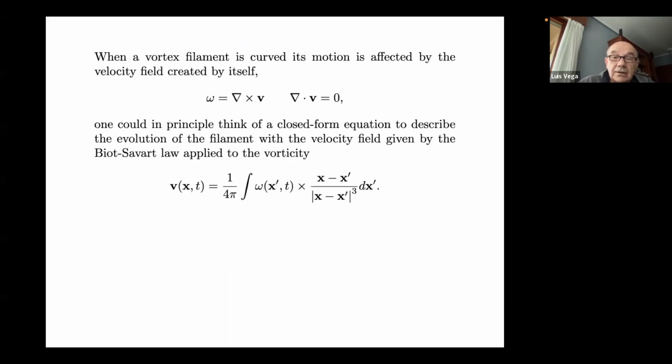And now I have to introduce the velocity, and of course the velocity is in fact the other way around. If you want, given the velocity, if I define the vorticity as the curl of the velocity, I will assume that the divergence of the velocity field is 0, and then it's a very nice exercise of vector calculus to compute what is the formula that gives the connection between the vorticity and the velocity, which is the one you see on the slide.